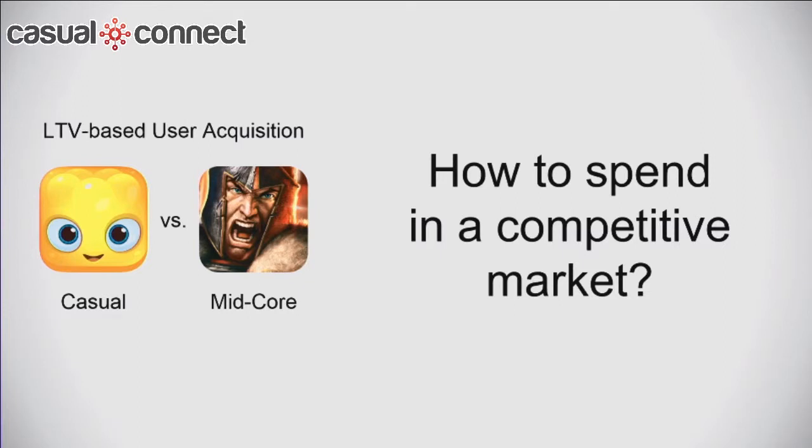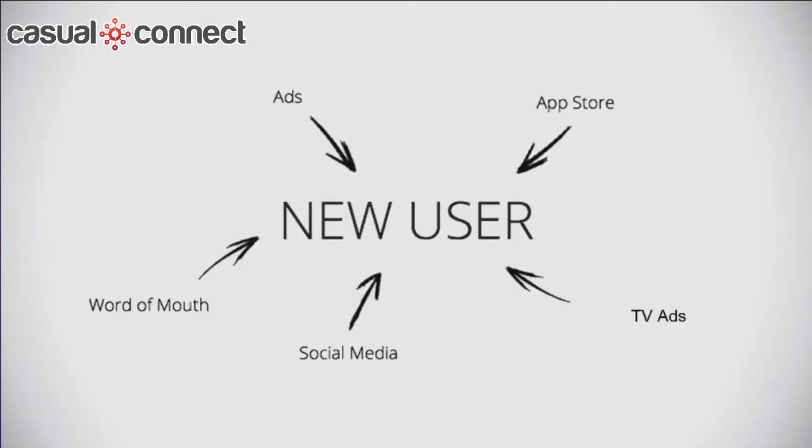So we started analyzing our numbers quite a bit more and actually took a step back and thought about, and this is where I'm going over to the holistic marketing view, where do our new users come from? And in the end, we distilled it down to there's not that many sources. So on the top left corner, we have ads, which is what I was talking about, banners, UA, rewarded video, all that stuff.